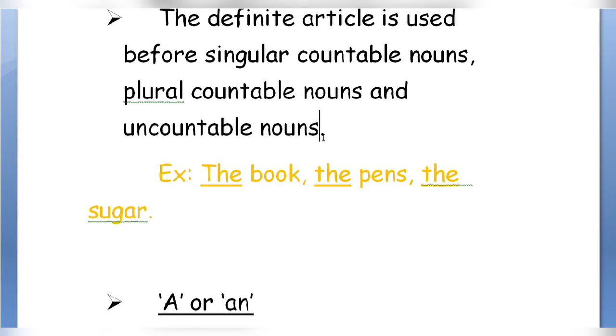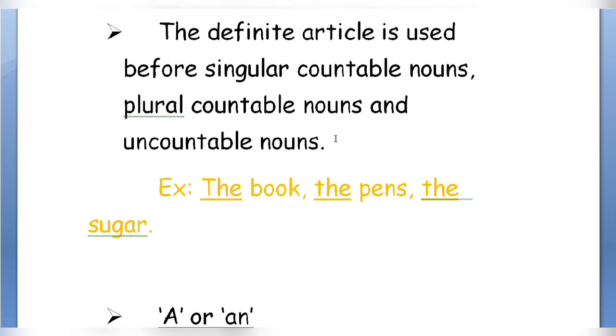Examples: stars, bravery, sugar. All of this has been taught in the previous video. So, book is a singular countable noun. The book, the pens, plural countable noun, the sugar, uncountable noun.